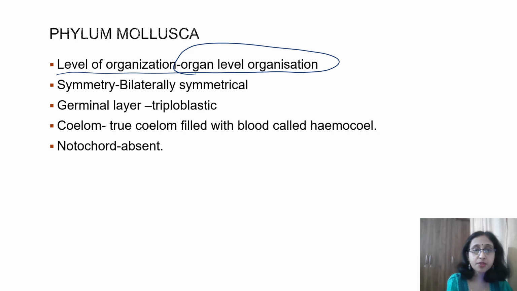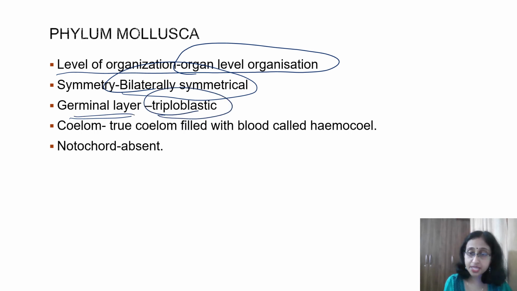What about the symmetry? They have a bilaterally symmetrical body. The germinal layer is triploblastic, meaning, as I have already told, they have ectoderm, mesoderm and endoderm, three germinal layers. Now, are they coelomate animals?